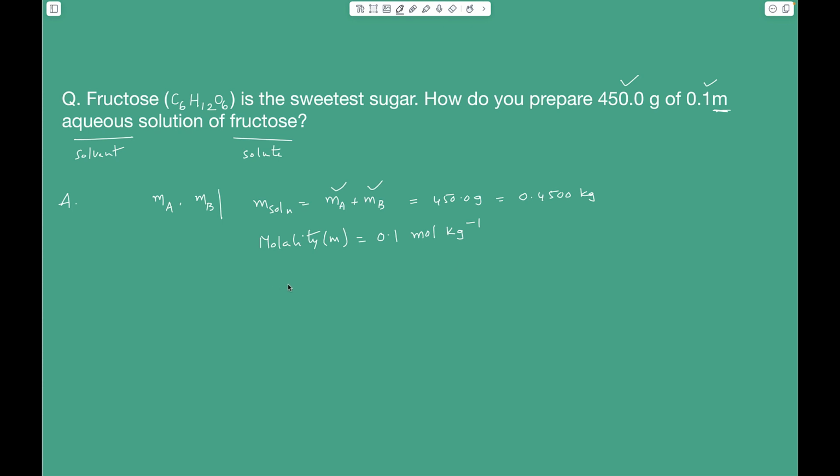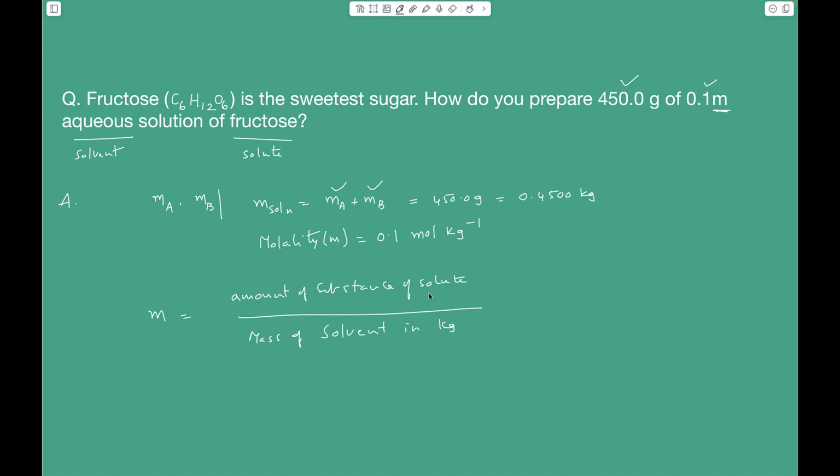Now what is the expression for molality of a solution? It is equal to the amount of substance of solute over the mass of solvent in kilograms, right?